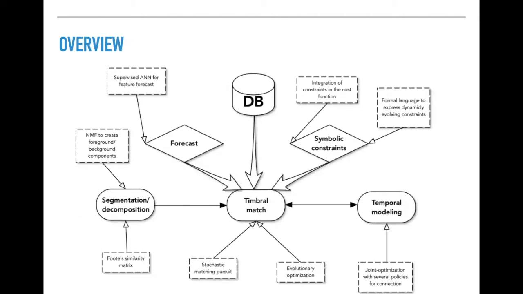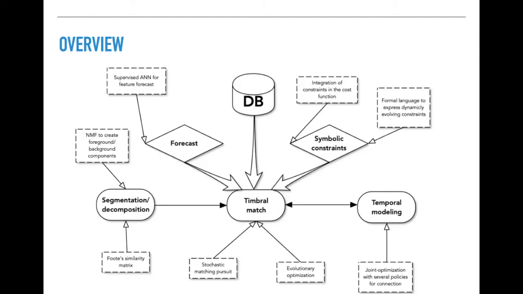So the overview of the system is like that. We have a first stage of segmentation. Basically we cut a temporal signal into slices that are more or less complicated. Then we make a forecast using a neural network. Then we match this forecast using the stochastic matching pursuit and the evolutionary optimization, also considering the symbolic constraints during the optimization.